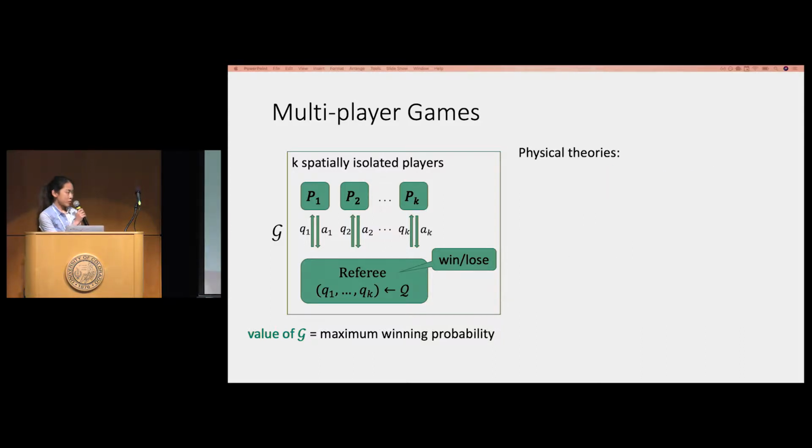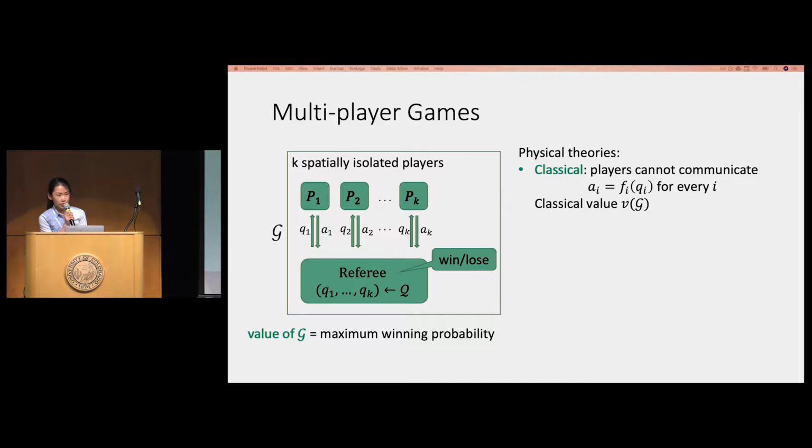Some physical theories we may consider include, first, the classical physical theory. In the classical world, if we have spatially isolated players, then the players cannot communicate at all, so each answer must only be a function of its query. We say that the classical value of a game is the maximum winning probability over all classical strategies.